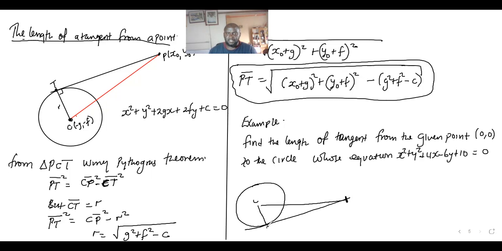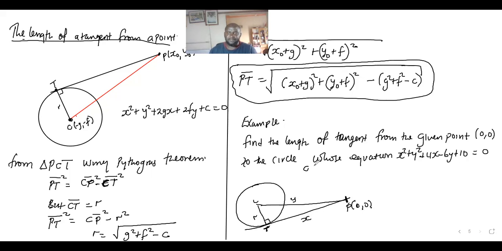So this is the point of contact T. This is the point P. This is the distance we are looking for. We can call it X. This is R. This can be Y. Y is the distance from the center to the known point. So the known point is (0, 0).